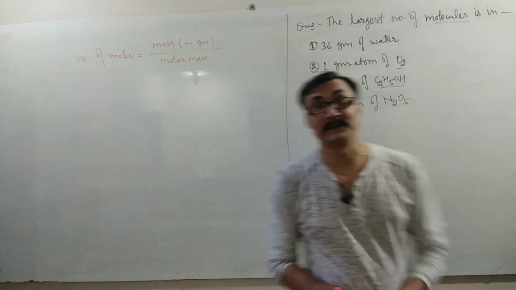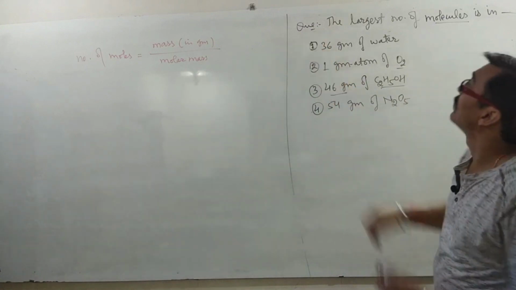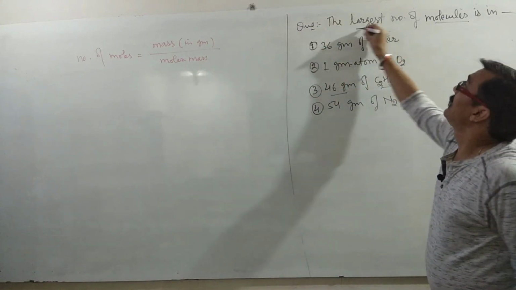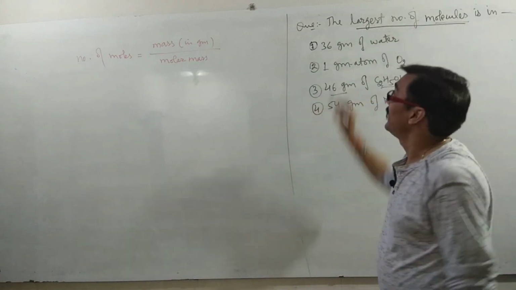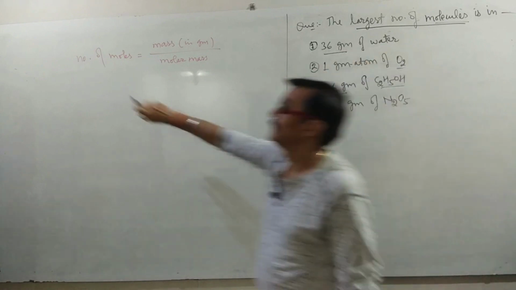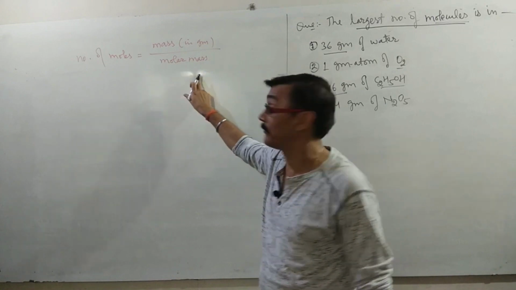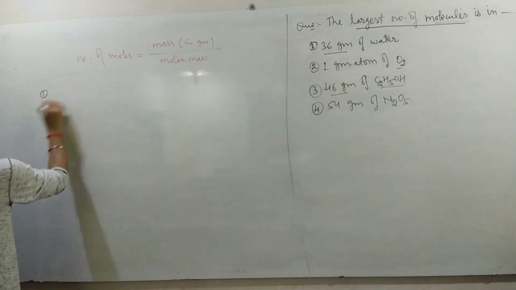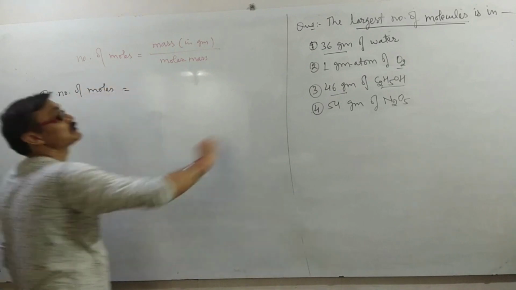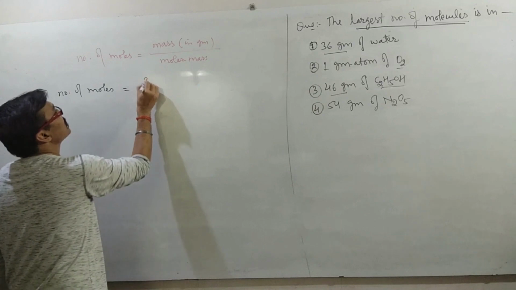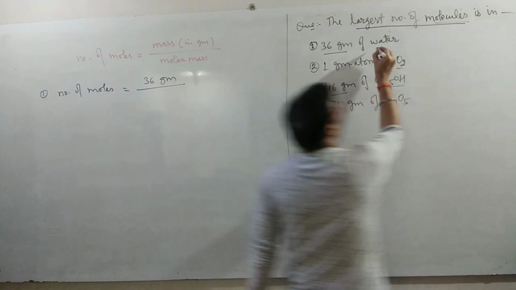Students, this is the last question of the previous video, for your solution. Now, to find the largest number of molecules, we have to calculate the largest number of moles. As mass is given, number of moles is equal to mass in gram divided by molar mass. So, in the first option, number of moles of water is equal to the mass given, 36 gram, divided by the molar mass of water.